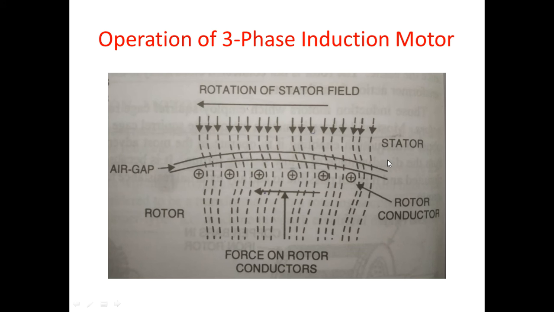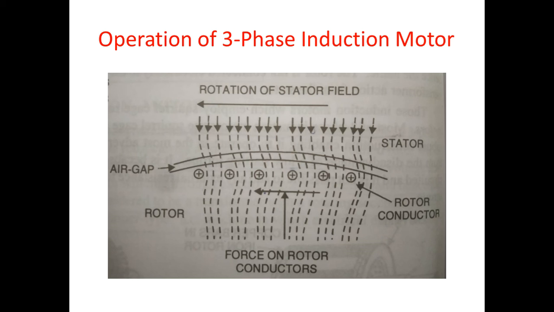This figure shows a portion of a three-phase induction motor. This part represents the stator and this part represents the rotor side, and this is the air gap between stator and rotor. These are the rotor conductors. Now let us understand its operation.